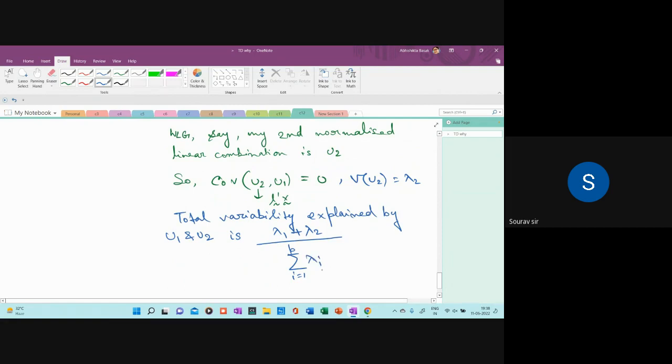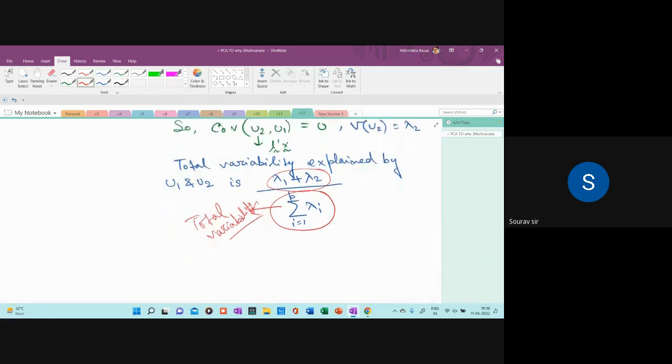That means the components we are taking care of, divided by all the variance, the total variability. So this is the proportion, and this is the total variability.